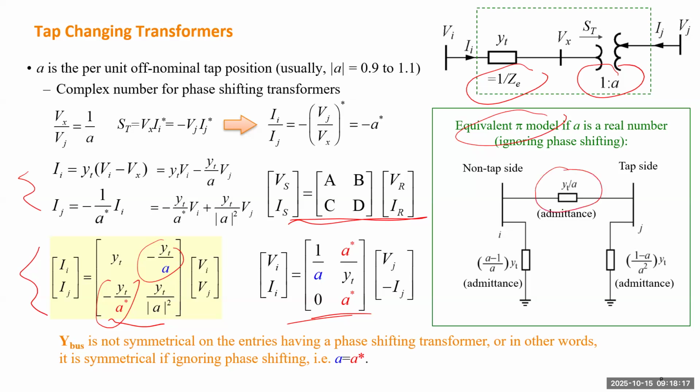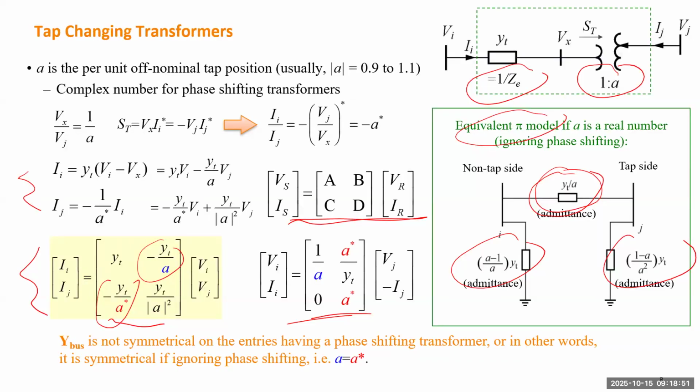This is pretty much the admittance divided by the ratio. The ratio is roughly 1, so this is pretty much the total admittance of your transformer. On both sides, you have 2 admittances to the ground, and they are not identical. So it's still a pi structure, but slightly different from the transmission line pi model. Okay, so this is what we need to keep in mind.